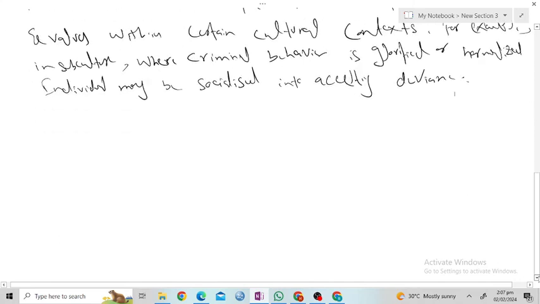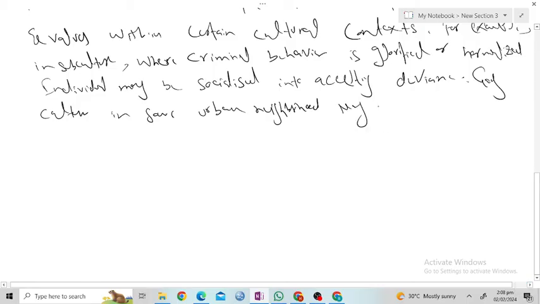You can further explain that gang culture in some urban neighborhoods may provide an example where deviant behavior is normalized.